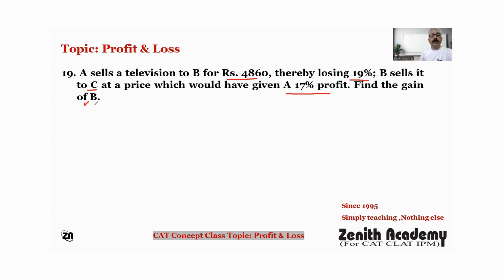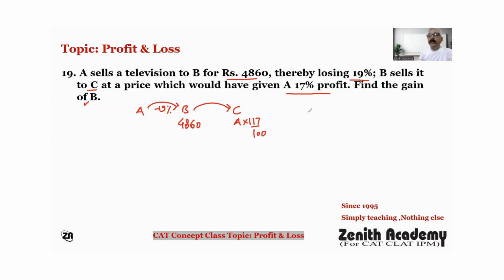Find the gain of B. So here A sells the television to B at a 19% loss at 4860 and B sells it to C at a price which would have given A 17%, means A into 117 by 100. Correct?